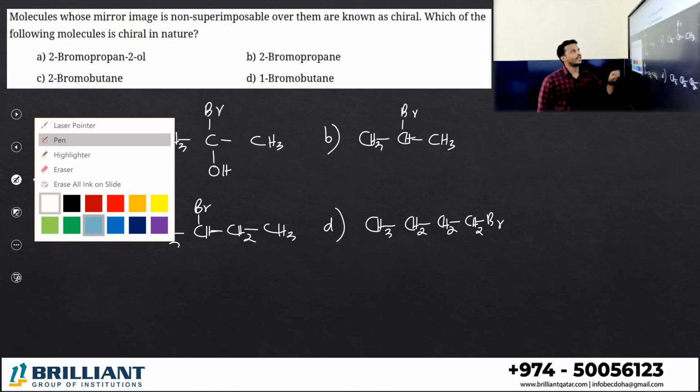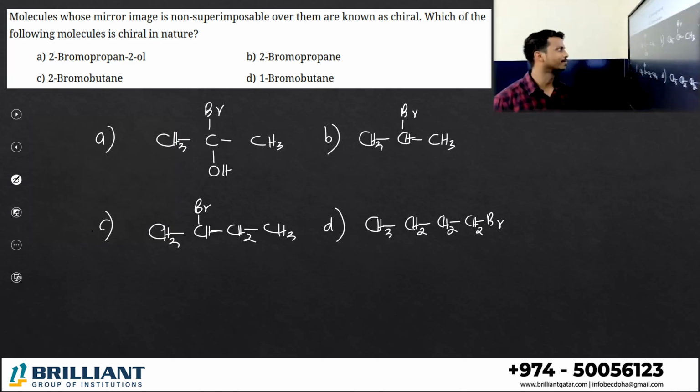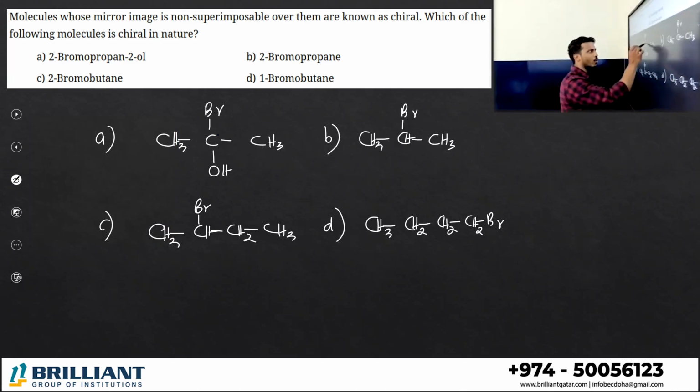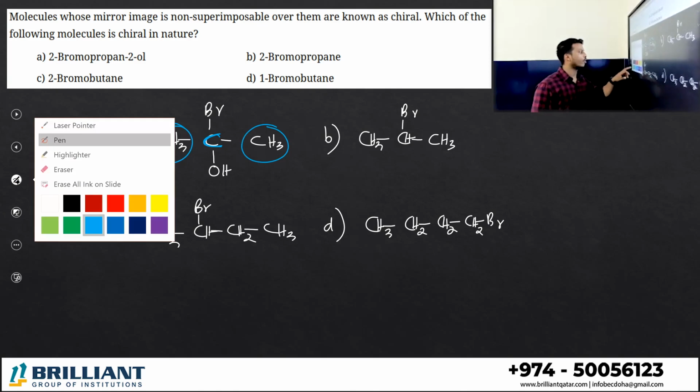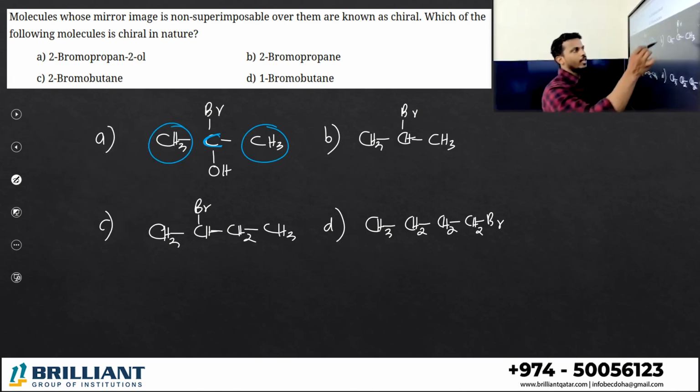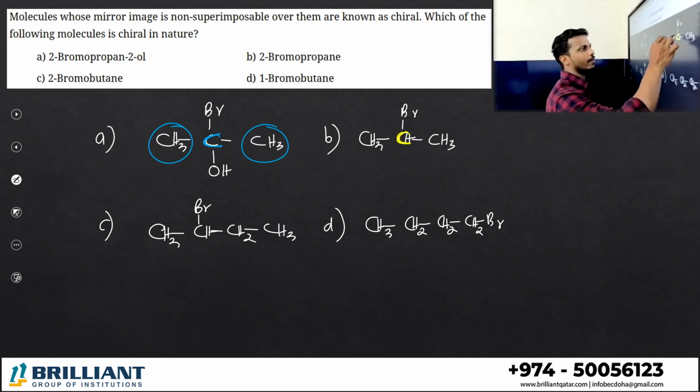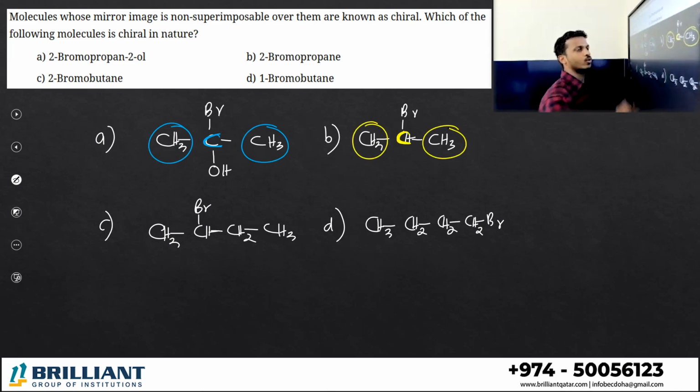Check it here, all. Which one has a chiral carbon atom? Does the first compound contain a chiral carbon? No. If you consider this carbon atom, it is directly connected to the same methyl groups. All of the groups should be different. If you consider the second compound, this carbon atom is directly connected to 2 same groups.